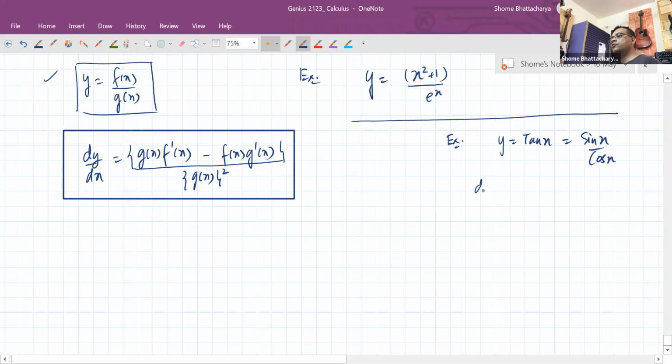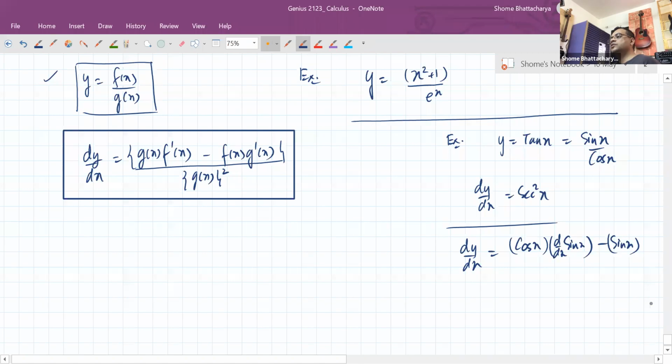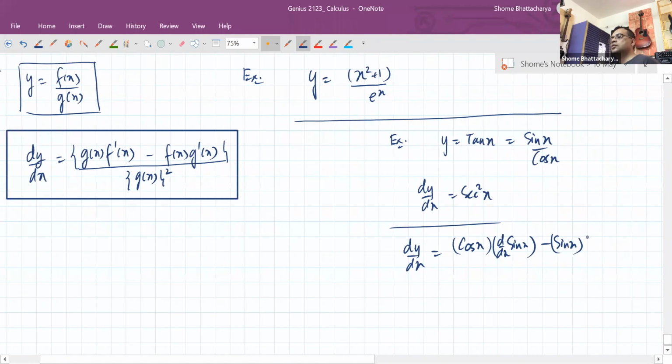Now I know from the formula that the differentiation should be sec square x, but let's also express it as cos x into differentiation of sin x, minus sin x into differentiation of cos x, divided by cos square x.